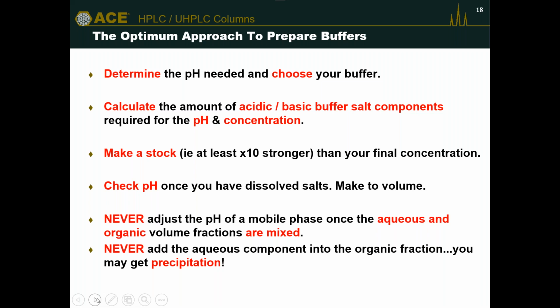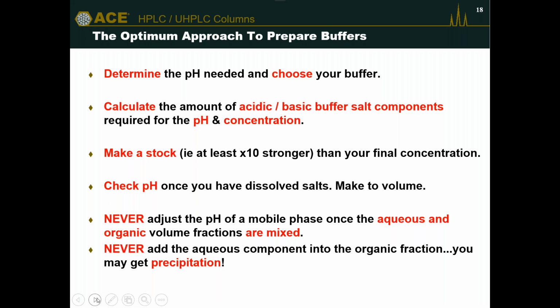Determine the pH, so decide what pH you're going to work with, and then choose the right buffer dependent on its buffering capacity and what detection technique you're going to use. Ideally, we'd say make up buffers from first principles, so calculate the amount of acid base that you need in a salt form, get it to the required molarity, and make up a stock of that buffer.